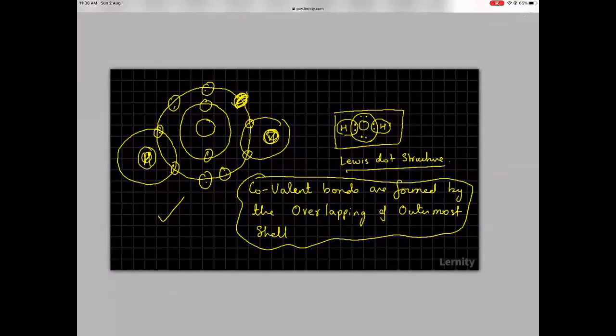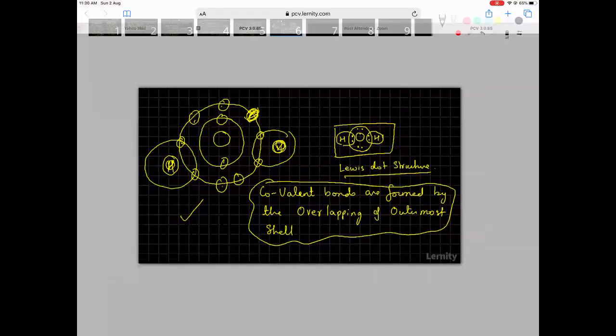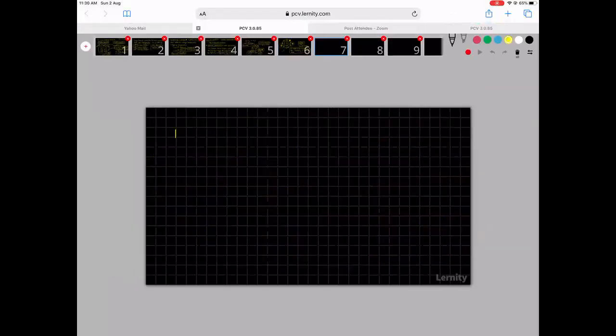Another example I can give is ammonia. Nitrogen plus hydrogen will form ammonia. So this is a simple combination reaction. One element combines with another element to form ammonia. Now ammonia, you have nitrogen.